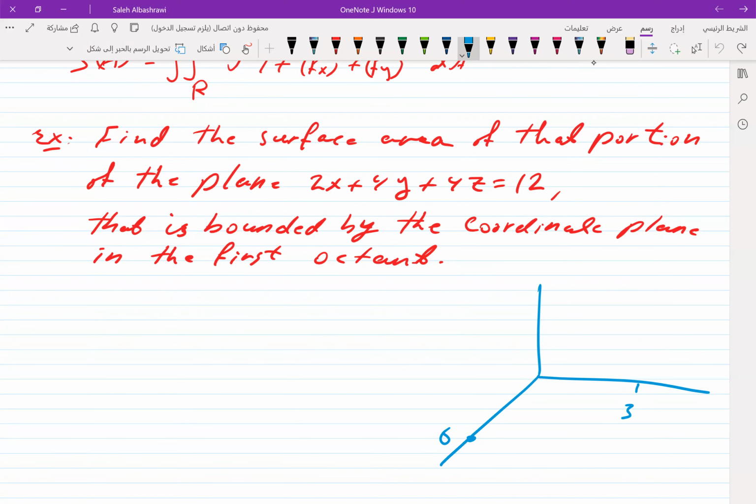We have something like this shape. Now we need to find the surface area that's bounded by the coordinate planes.